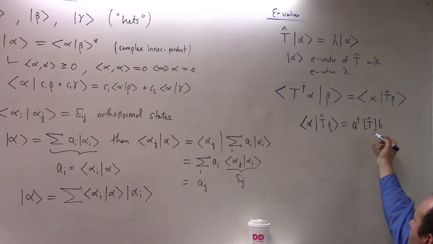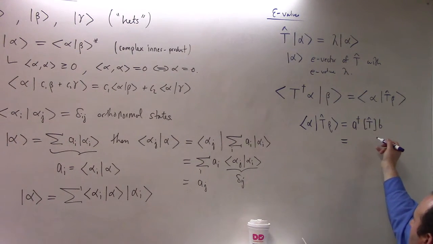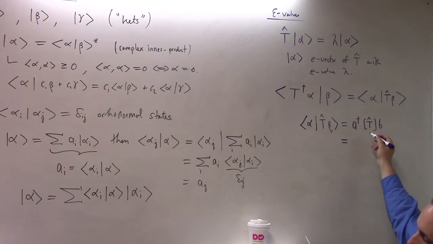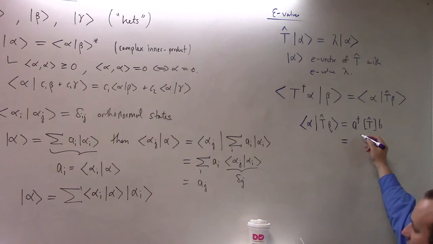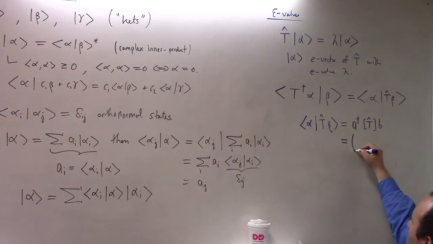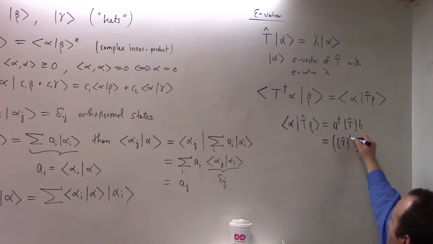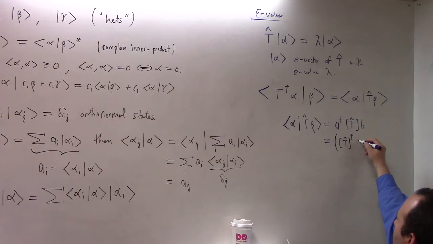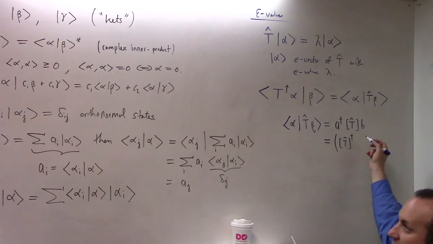And so let's see here. By sock shoes, this is the same as the conjugate transpose of the conjugate transpose of that. Conjugate transpose is the thing again.